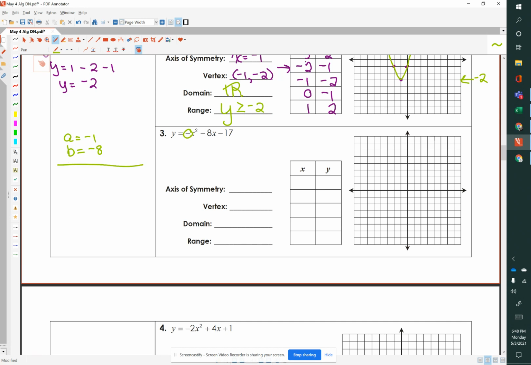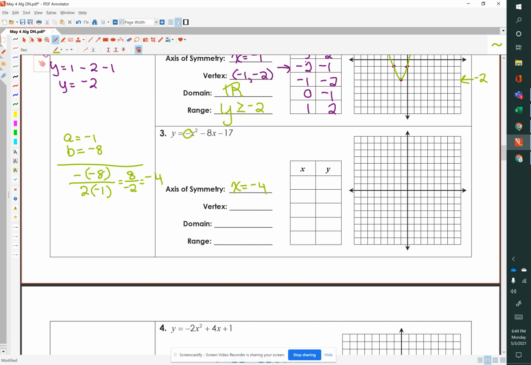So negative b, so that's negative, negative 8 divided by 2 times the quantity of a, which is negative 1. So that equals positive 8 divided by negative 2, which equals negative 4. So the axis of symmetry is x equals negative 4.